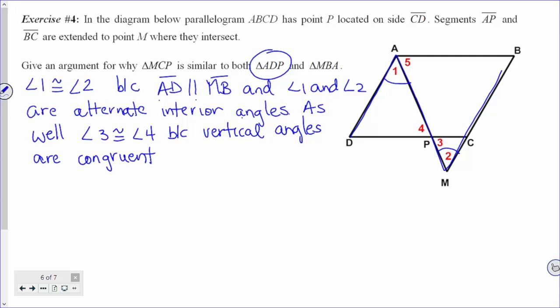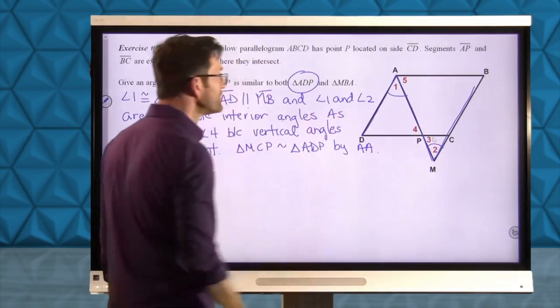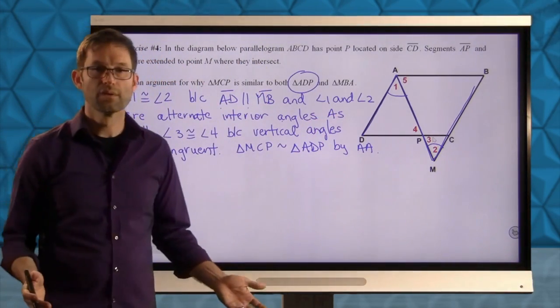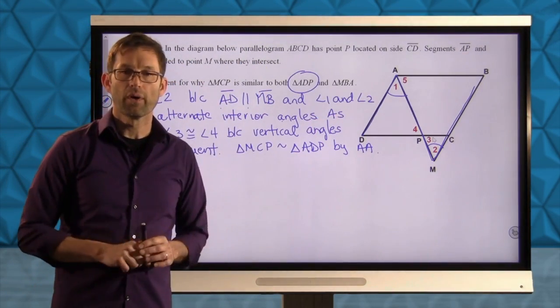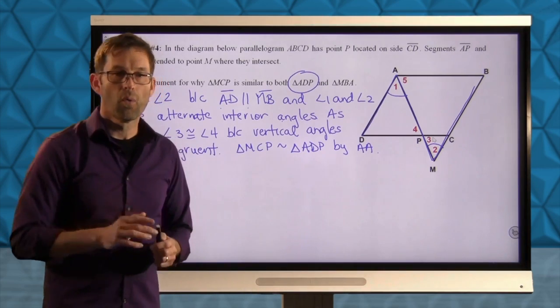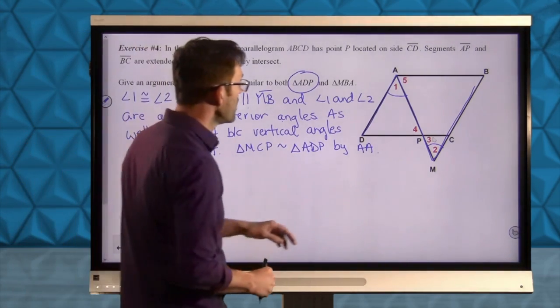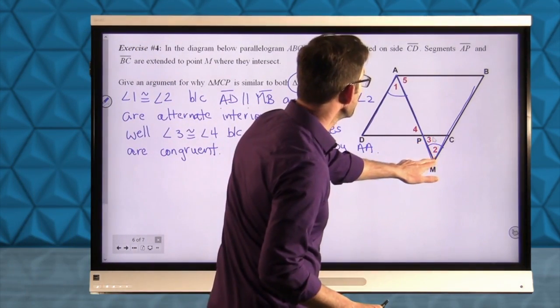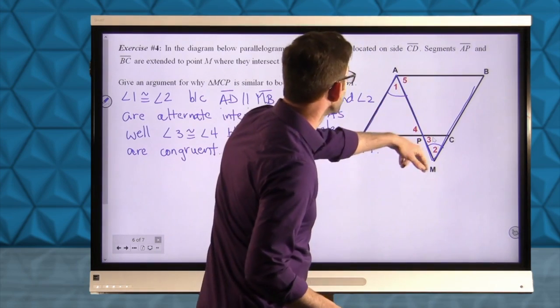So what I can now say is that those two triangles, MCP is similar to triangle ADP, no great surprise, by angle. Simple enough.